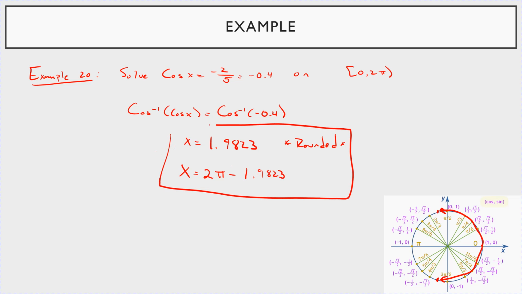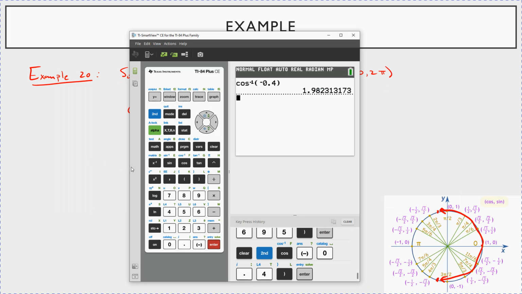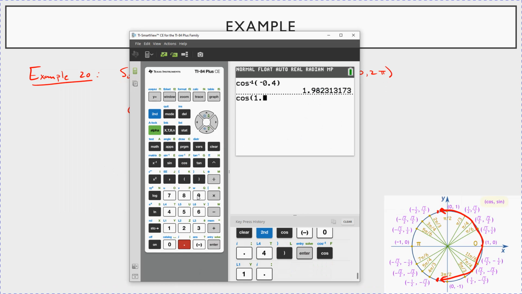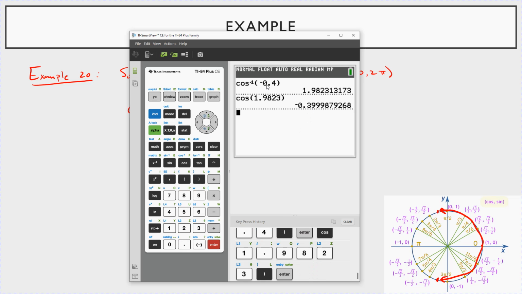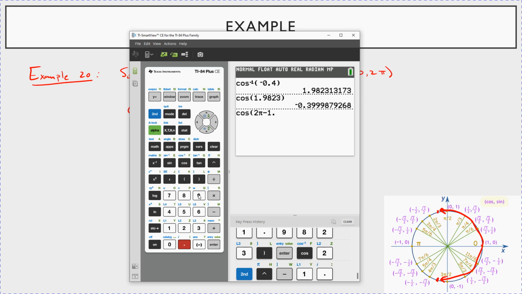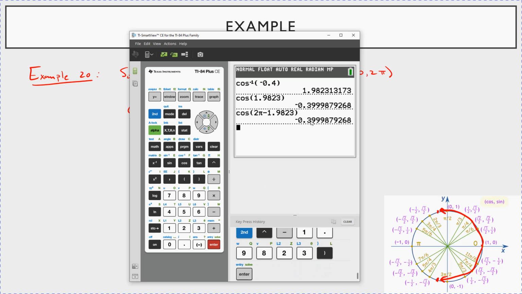Now watch, to show you that this works. If I go cosine of 1.9823, yep, that's really close. Remember, it's not going to be exact because I rounded it, but it's close to negative 0.4. And then if I do cosine of 2 pi minus 1.9823, yeah.